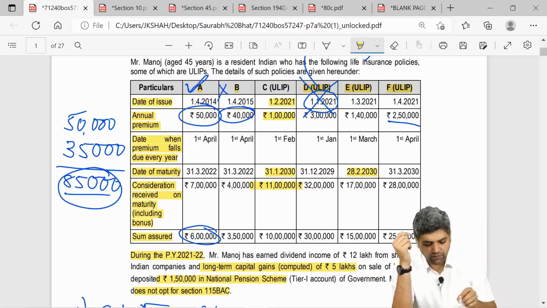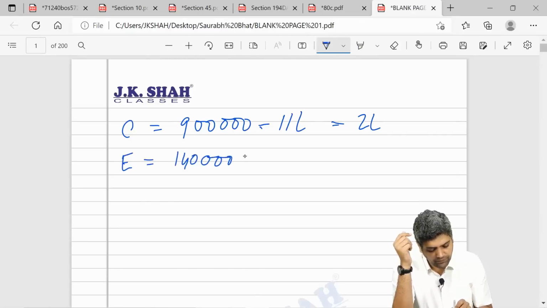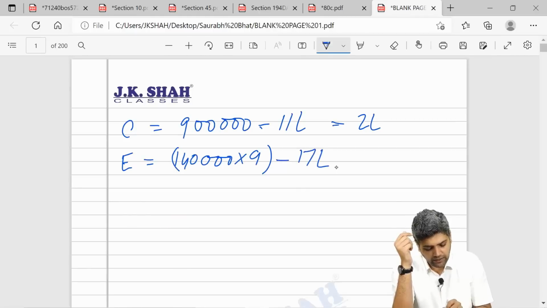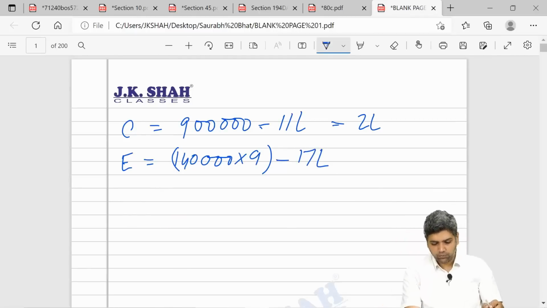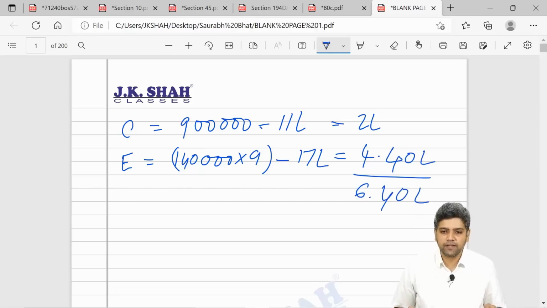So for 9 years I have invested an amount of 1,40,000 rupees in respect of policy E. And as against that, how much amount do I get? They have told me that I will get an amount of 17 lakh rupees. So 1,40,000 multiplied by 9 years is 12,60,000, and 17 lakhs minus that, the gain comes to 4,40,000. So in short, the gain arising on policy C plus E is 6,40,000.